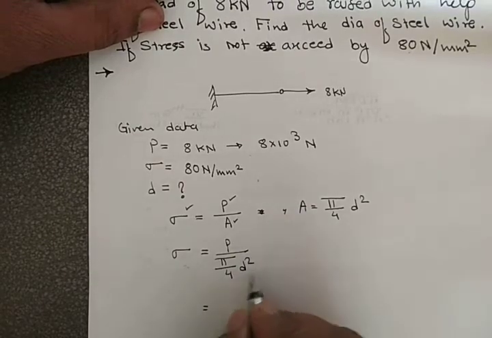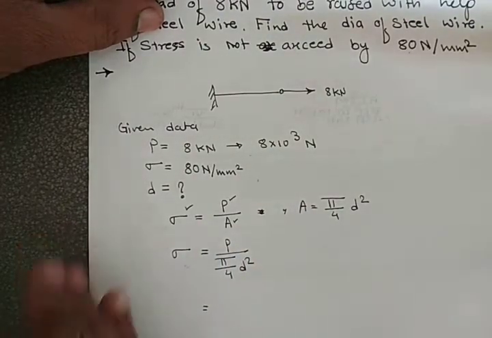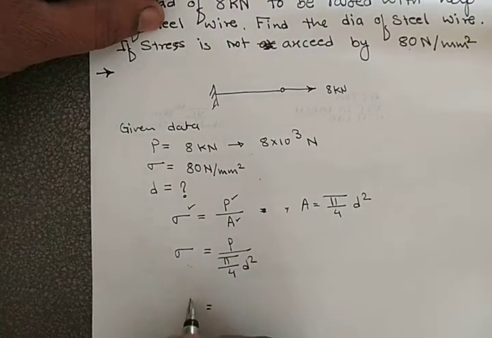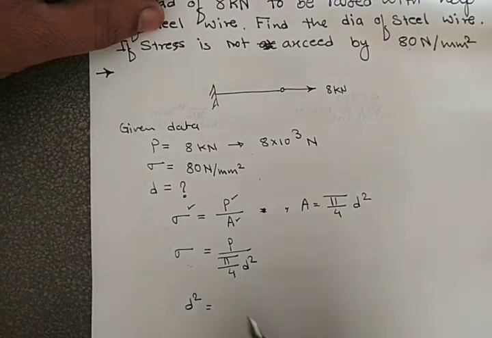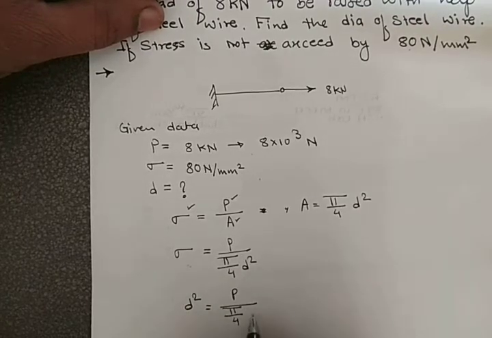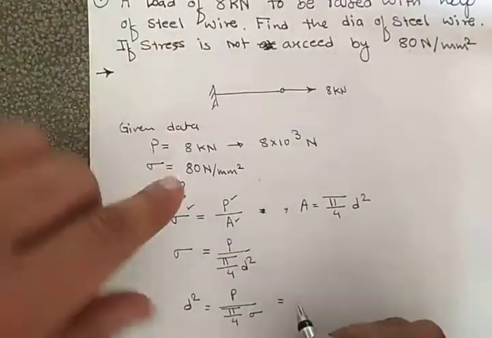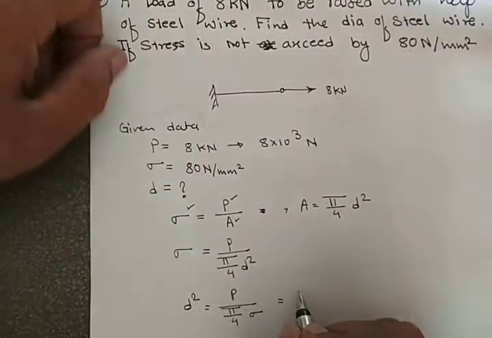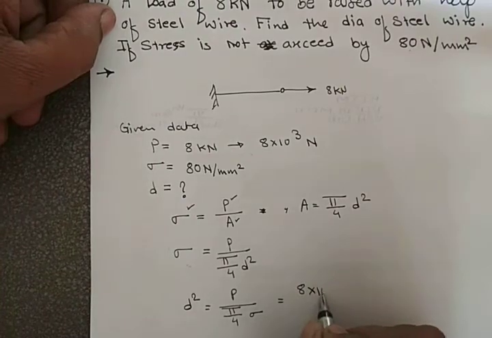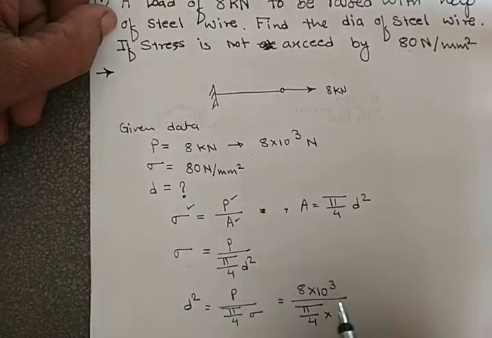So when the diameter transfers to this side, it comes here, and this is P, this is pi by 4, and this is stress. Now I'll substitute the values. P we have written here, that is 8 into 10 raised to 3, and pi by 4 into stress, 80.